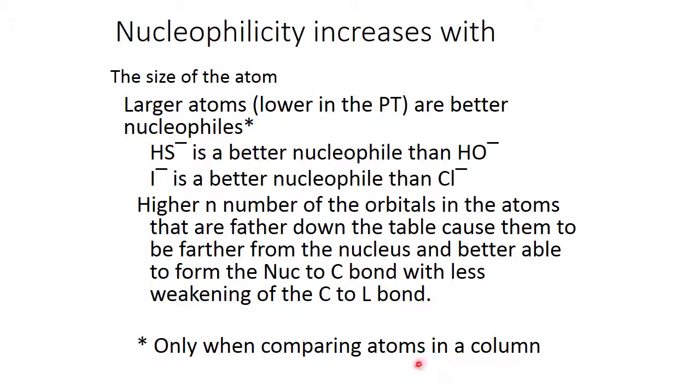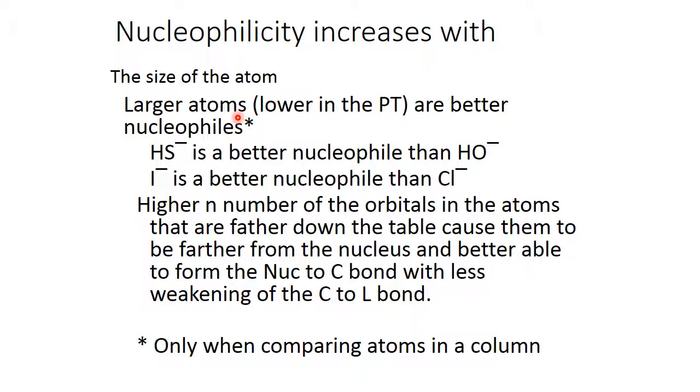Now, this is only when comparing atoms in a column. So this is not like comparing oxygen to nitrogen or carbon to oxygen. The larger atoms, lower in the periodic table, are better nucleophiles. This is because the larger atoms have more polarizable electron clouds.